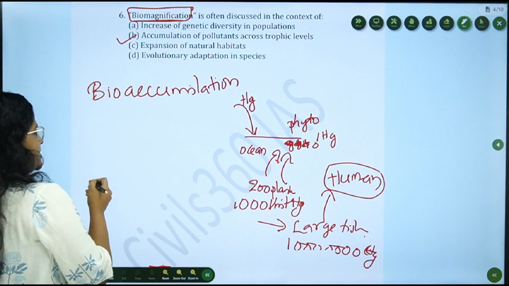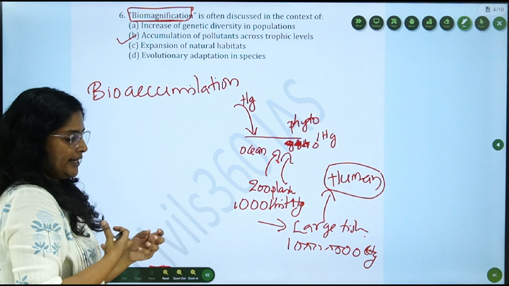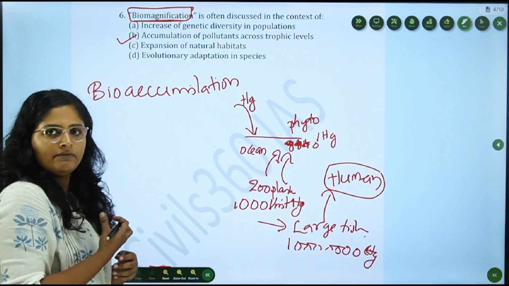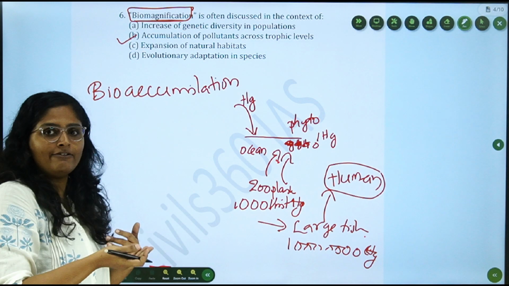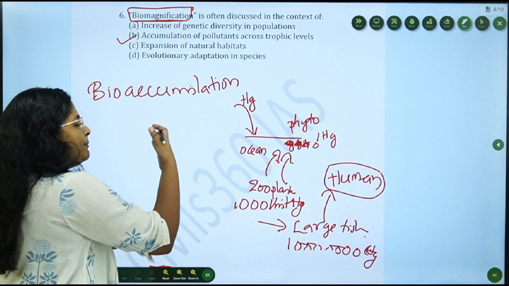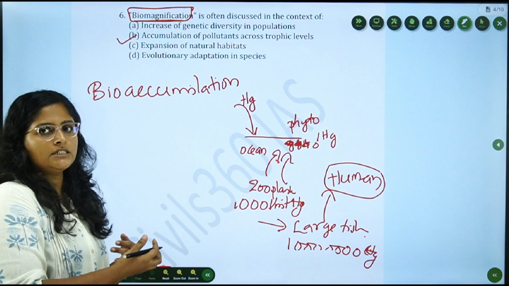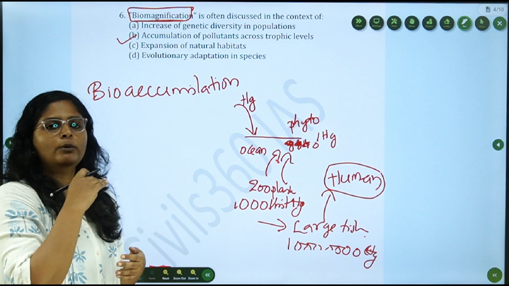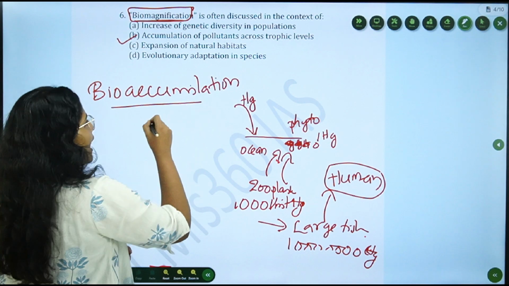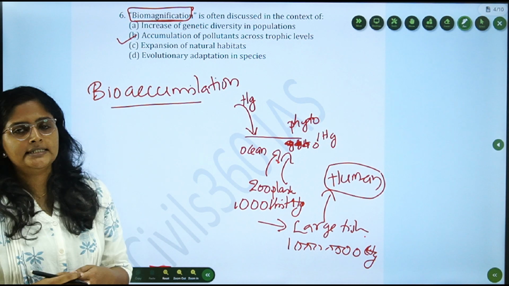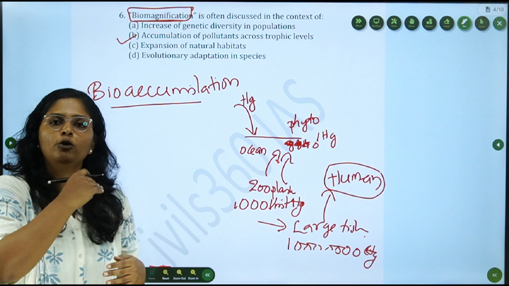Say in humans, when we drink water contaminated with iron in a very minimal quantity, we drink water every day, right? So over a period of time, this iron contamination gets accumulated in our cells. That is what is called bioaccumulation. In a single organism itself, some pollutants get accumulated over time.